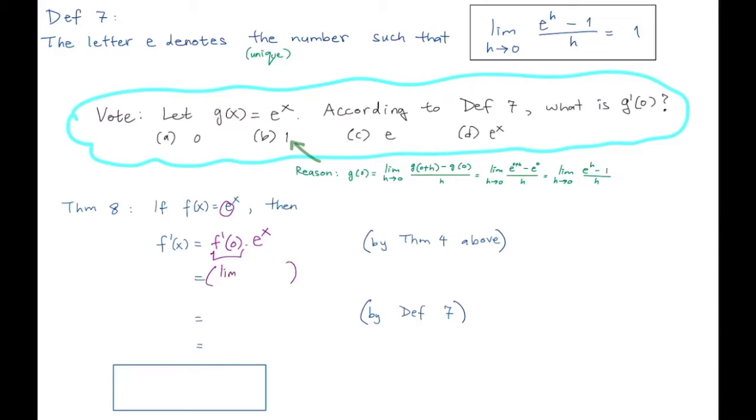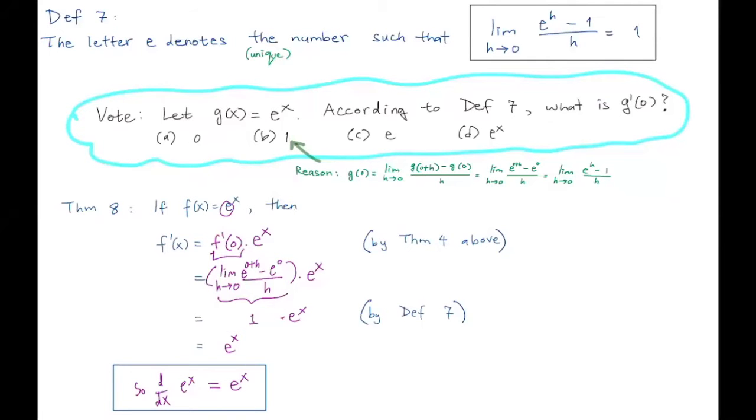So I have the limit as h goes to 0 of (e^(0+h) - e^0)/h times e^x. But by definition 7, this value here has to be 1. And so e^x is equal to its own derivative. So d/dx of e^x is itself.